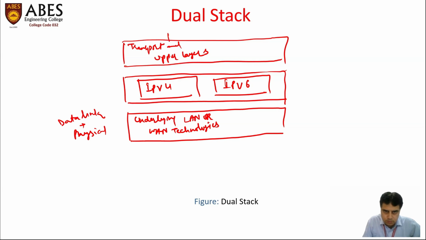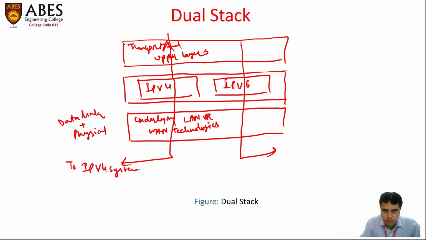So some systems are using IPv4 and some systems are using IPv6.